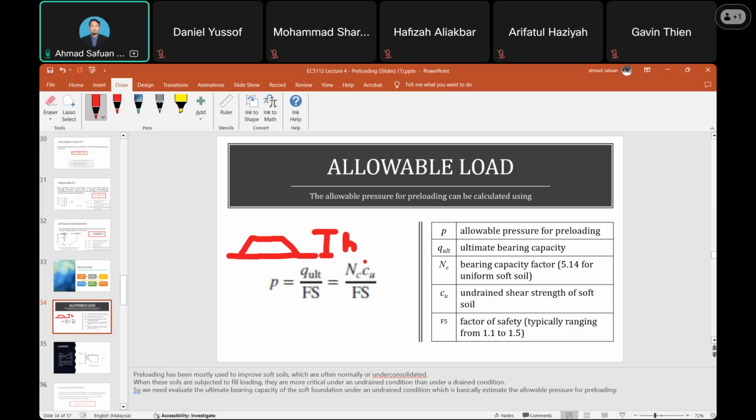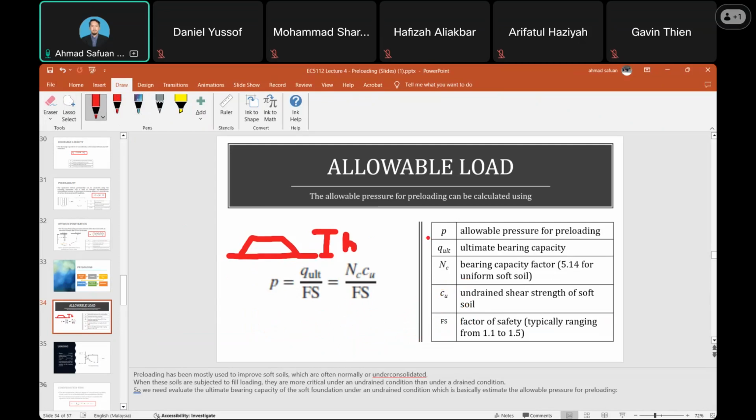In foundation, we have three sub-equations. The first one is the NC plus NQ plus N gamma. So this will be 0 if the phi is 0. So this will be 0 if the foundation rests on the ground surface. So then we obtain the NC, where the NC is equal to 5.14.